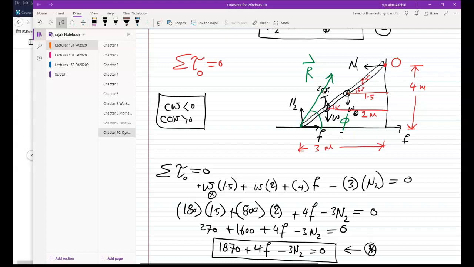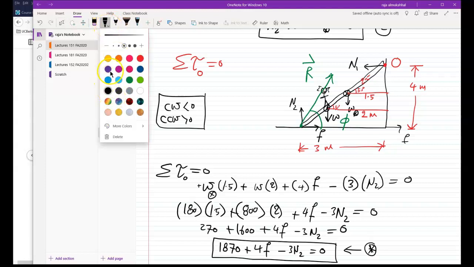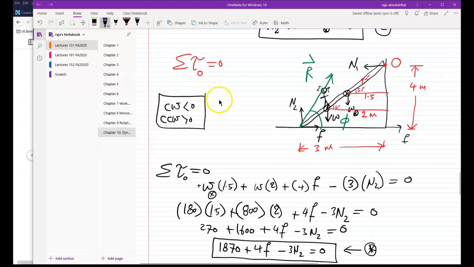In other words, if I would draw that, let me take a different color. Purple. How about purple? So this green vector R comes from two component vectors, f sub x and f sub y. And this f sub y is basically n2, and f sub x is basically the friction force.